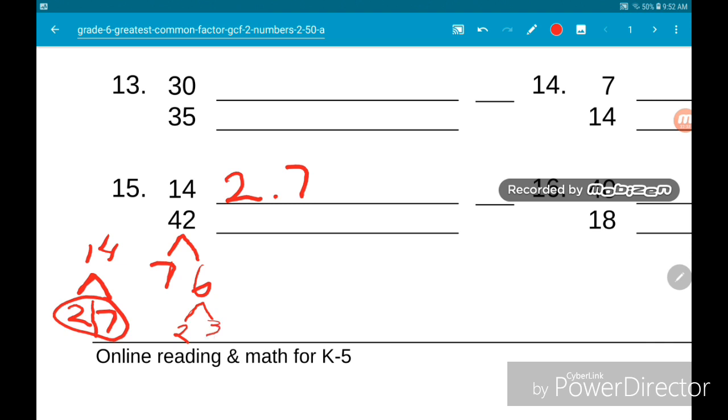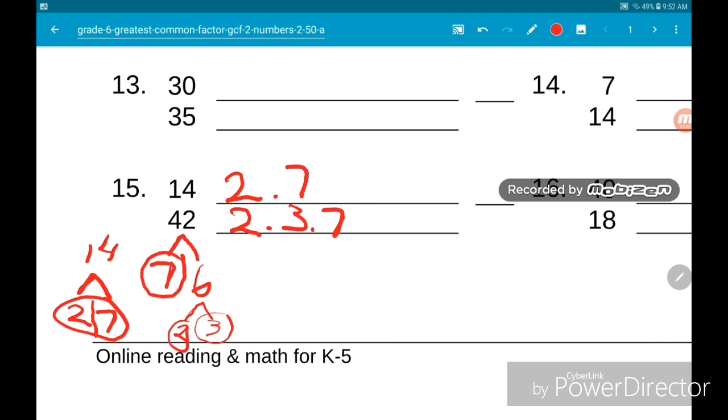So circle 7, the 2, and the 3. Now multiply those out. 2 times 3 times 7. Little dot. 2 dot 3 dot 7.